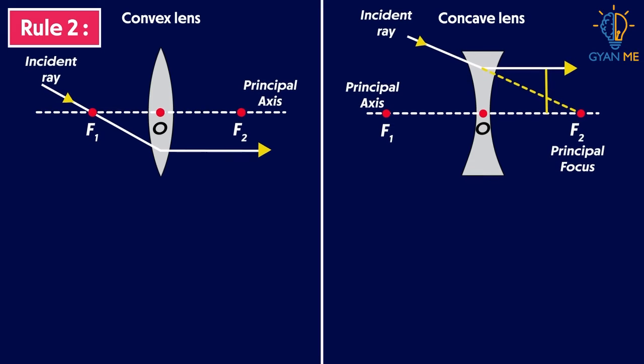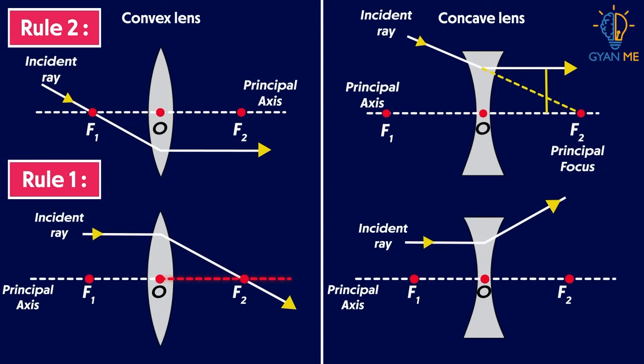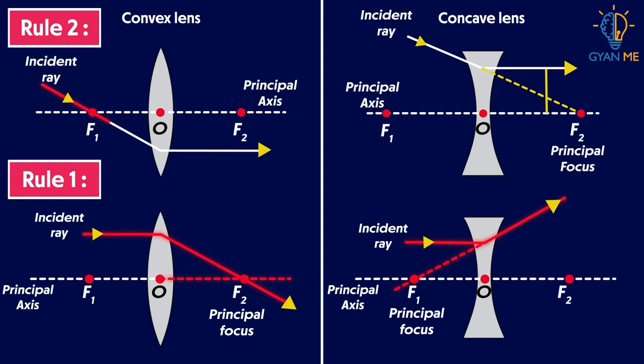Isn't it just the opposite of the previous law? Yes. We stated previously that a parallel incident ray will pass through the principal focus after refraction, whereas in Rule 2, we state that an incident ray passing through the principal focus will emerge parallel after refraction.